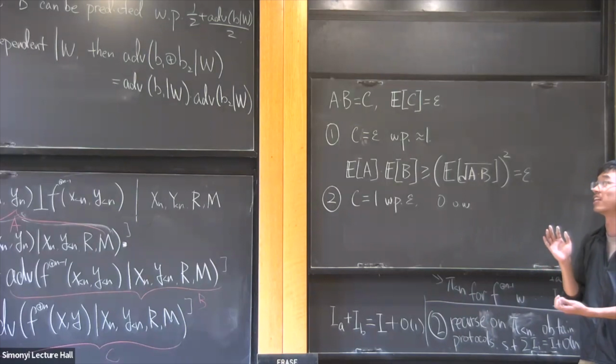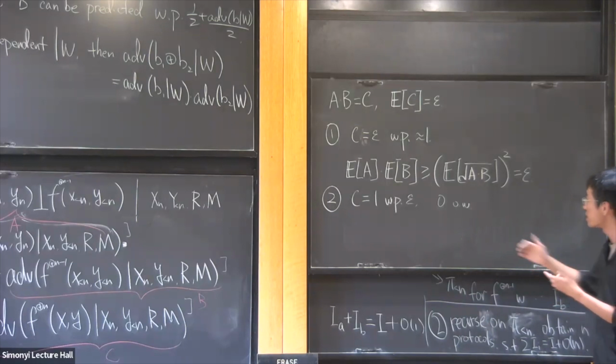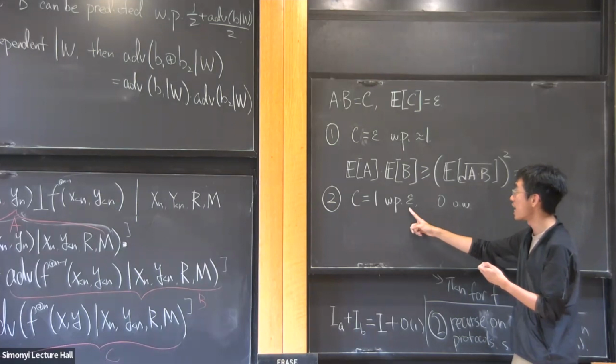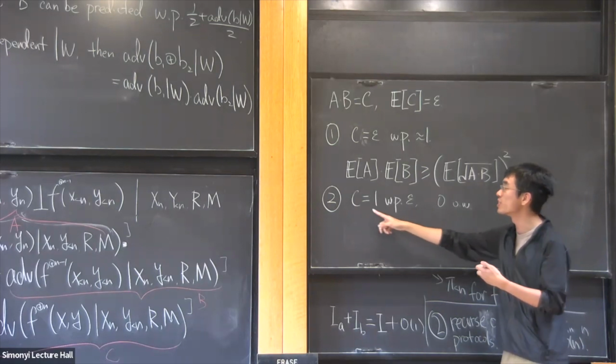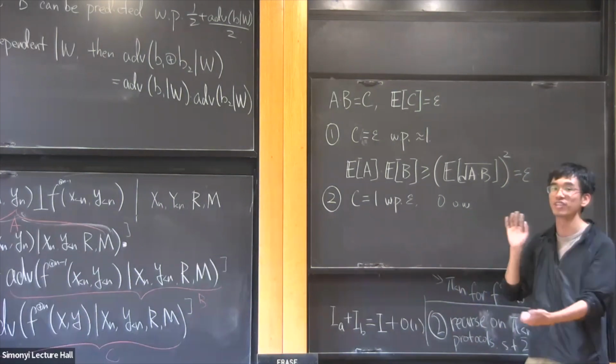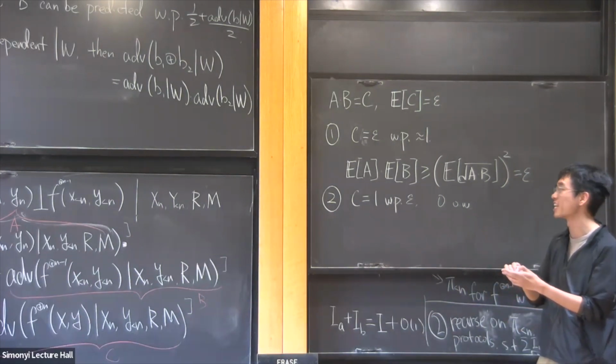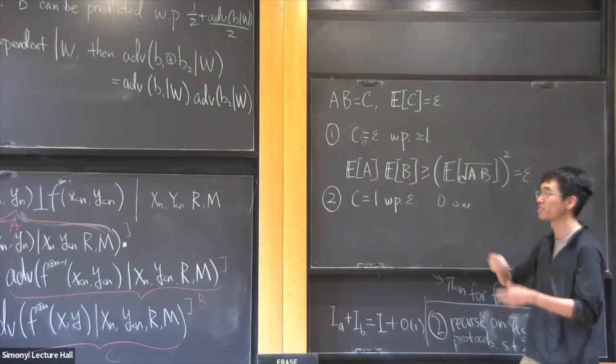There were results showing that the probability has to be exponentially small. So with epsilon probability we know the value of the XOR exactly, and otherwise we know nothing. This is very similar to the direct product case, where with some small probability we know everything.